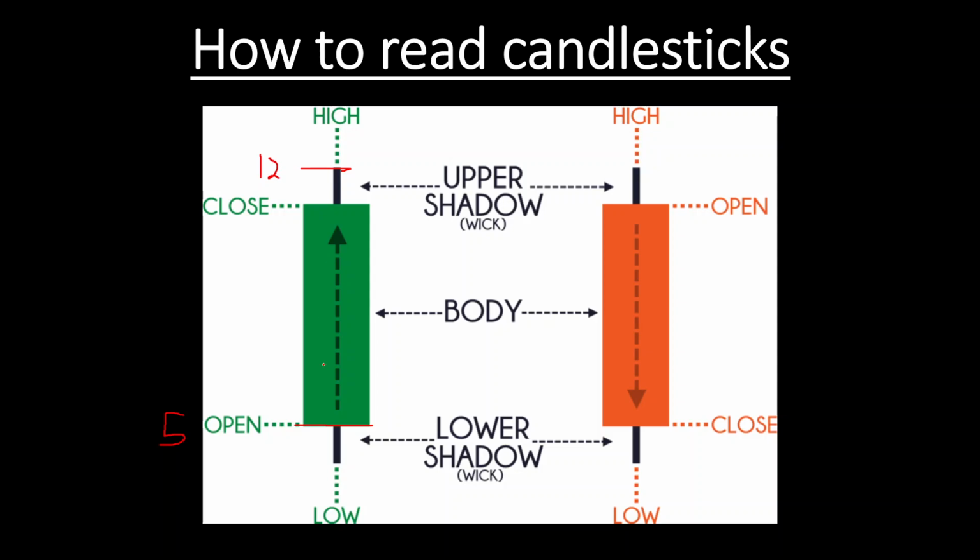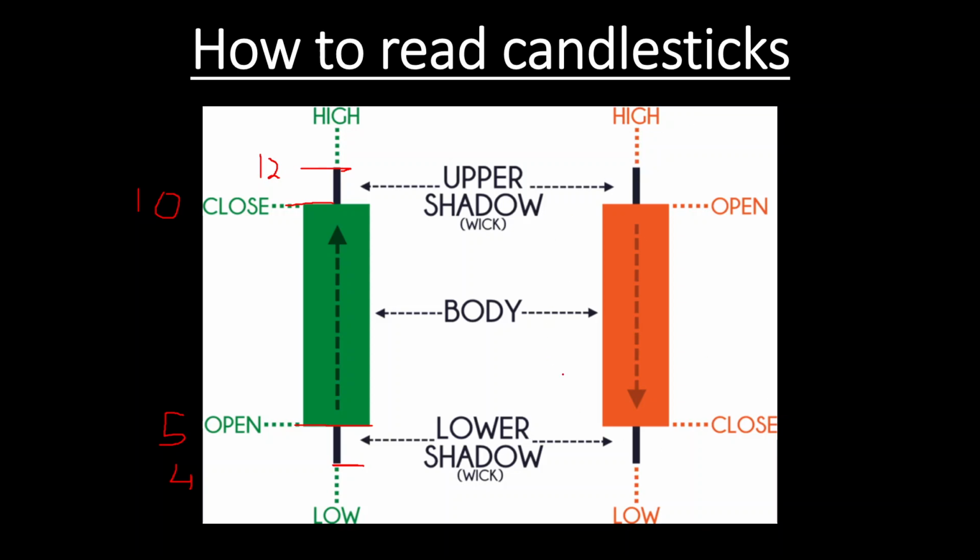Price then came down, made a low of about this point here, which we can say is €4, and then eventually closed at this price here at, let's say, 10. So because price closed above the opening price, the candlestick is therefore green, showing it's a bullish candle.